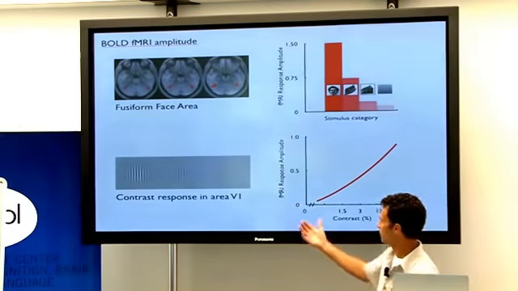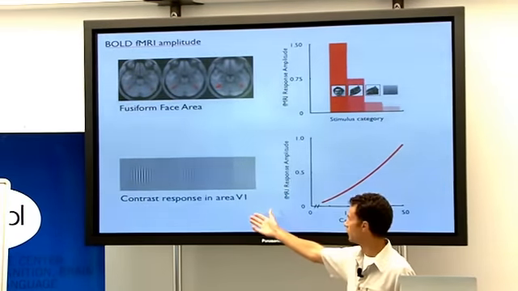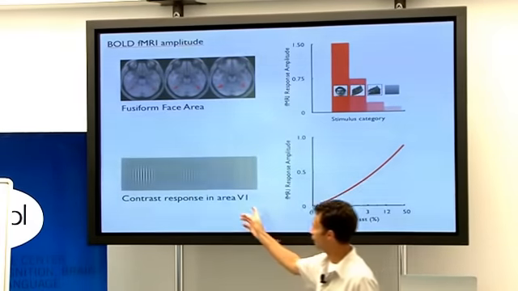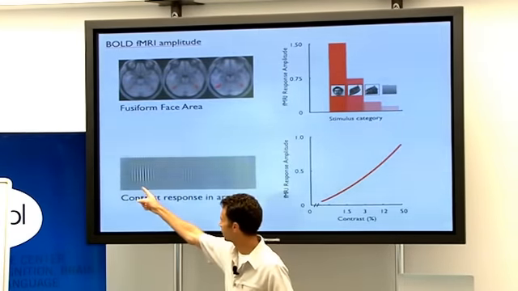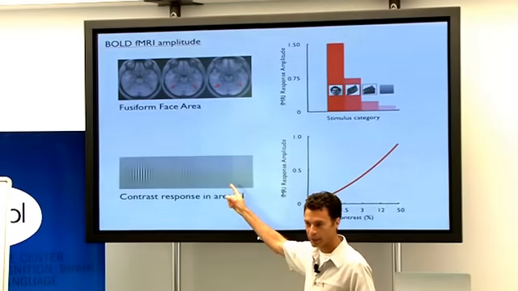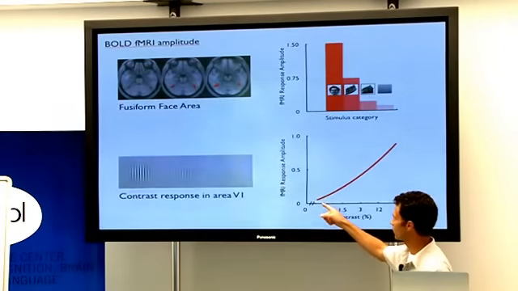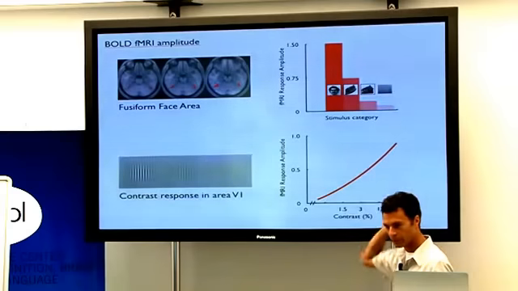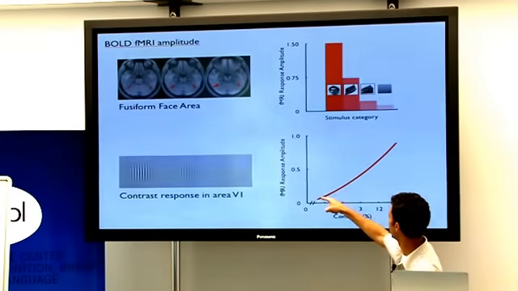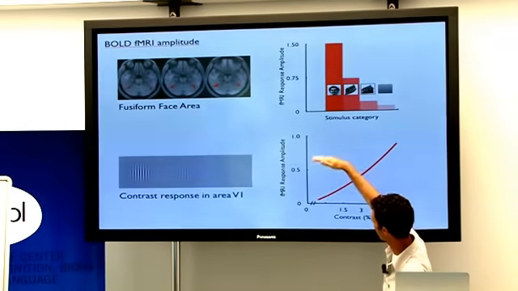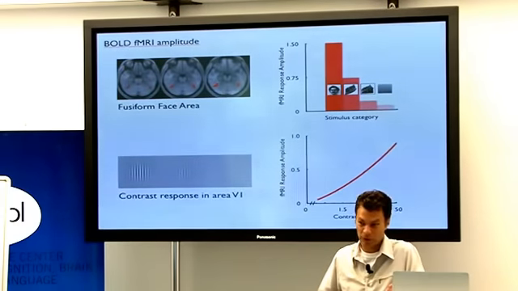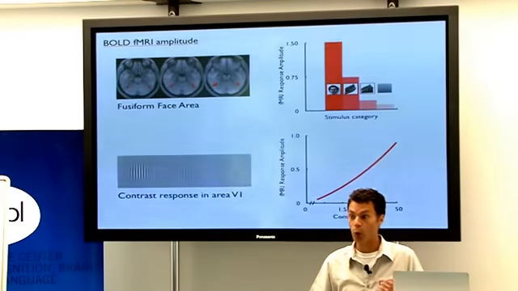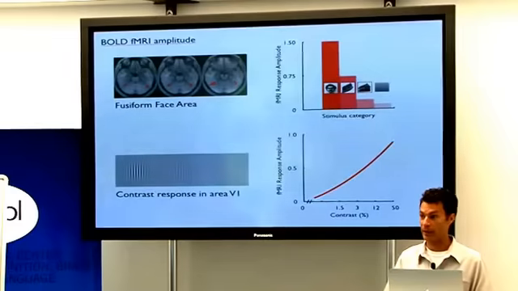And maybe within primary visual cortex, you might find that if you vary a stimulus such as the contrast, this patch has high contrast and this patch has low contrast, the response within area V1, this early visual area of the brain, increases; the fMRI amplitude increases with the amount of contrast. It's a pretty straightforward idea, and this is really the oldest type of fMRI experiment.